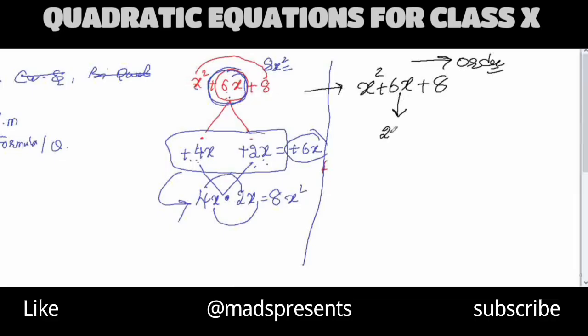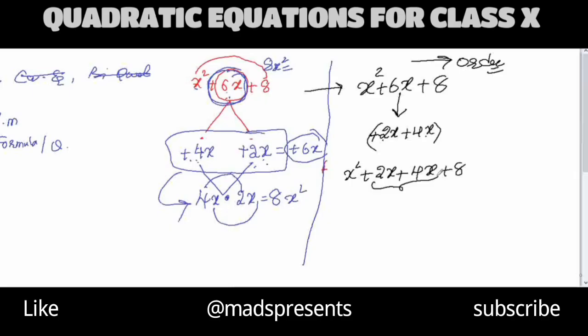6x will split as 2x plus 4x or 4x plus 2x. So we can write however we want. If you rewrite the equation, we can write it as x square plus 2x plus 4x plus 8.